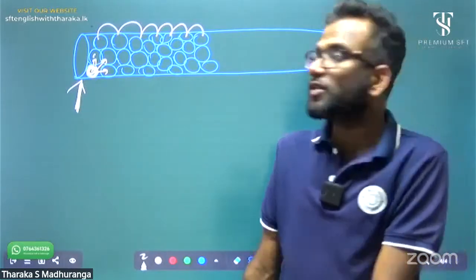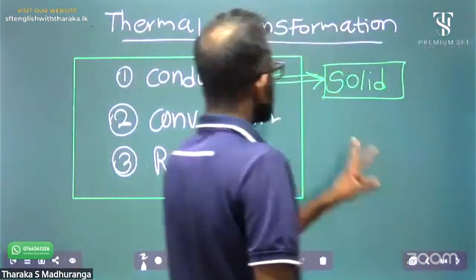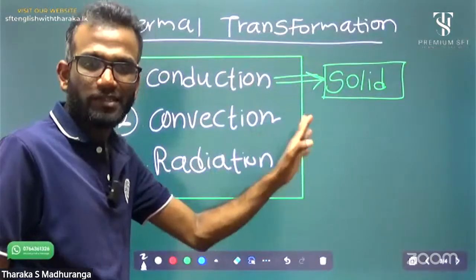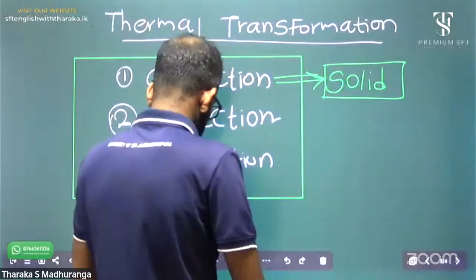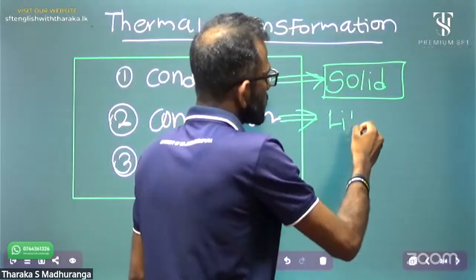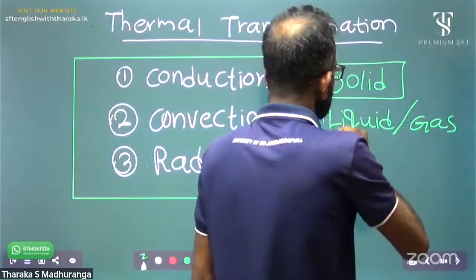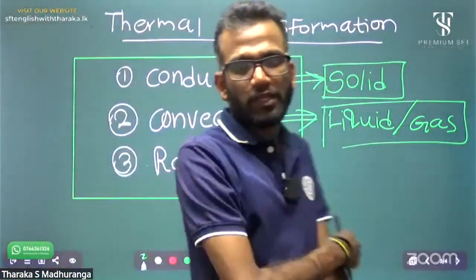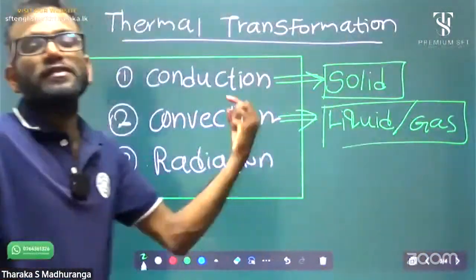Okay, what's the meaning of convection? I told you conduction always takes place in solid objects. If you have liquids and gases, the main heat transfer method for fluids, liquid and gas both being called fluids, is convection.